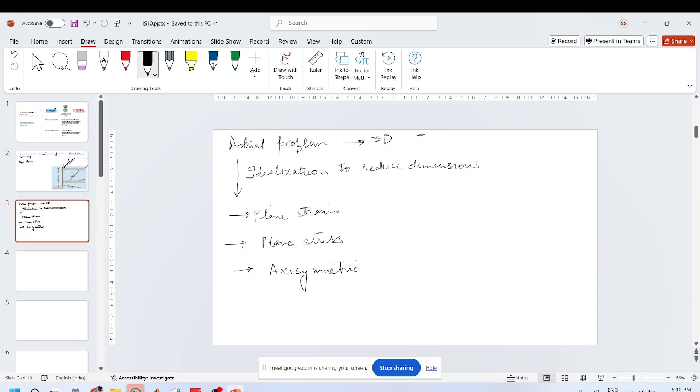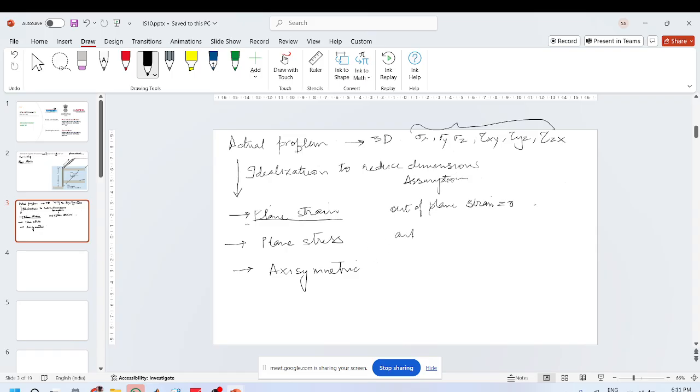So here you have sigma x, sigma y, sigma z, tau xy, tau yz, tau zx. But you reduce this. For example, in case of plane strain condition, we assume that out of plane strain equals 0.